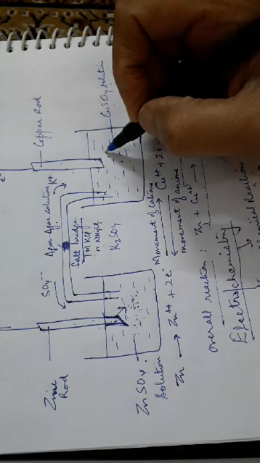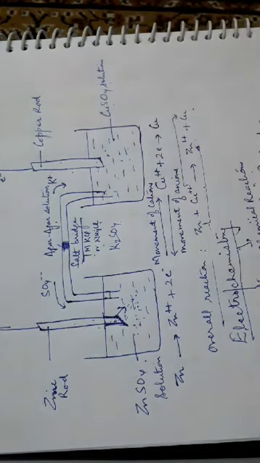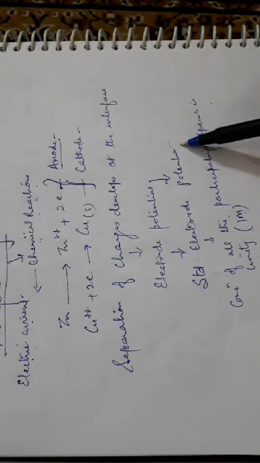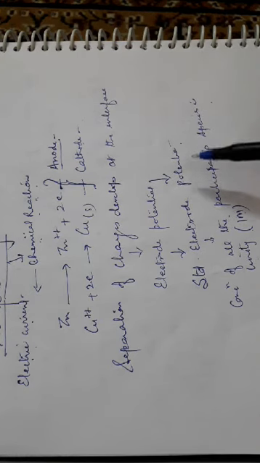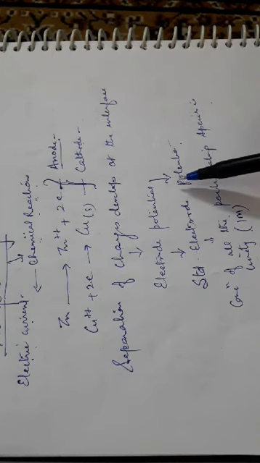But in the electrochemical series, all the electrode potentials are given in terms of reduction potentials. These reduction potentials are termed standard electrode potentials, which give us the tendency of a metal getting oxidized or getting reduced.